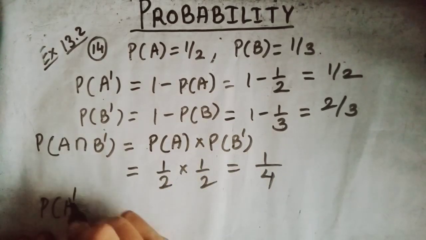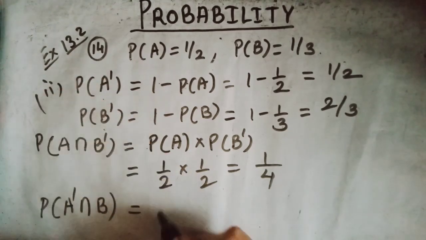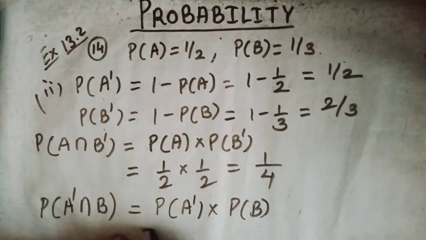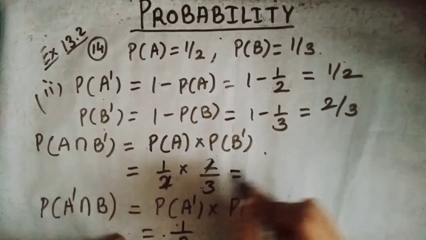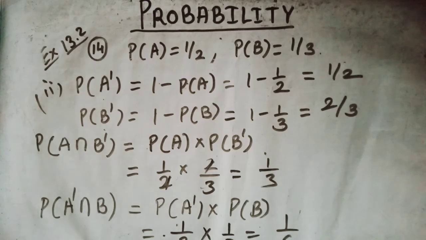And P of A complement intersection B will be, this is the second part, P of A complement into P of B. So this will be 1 by 2, this is 2 by 3, right? So it comes to 1 by 3. And P of A into P of B is 1 by 3. So it comes to 1 by 6.